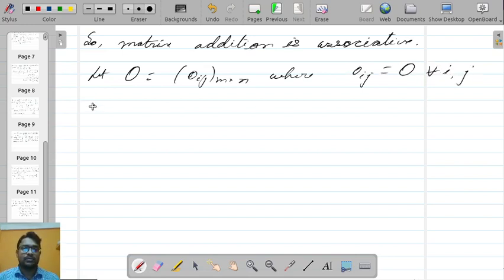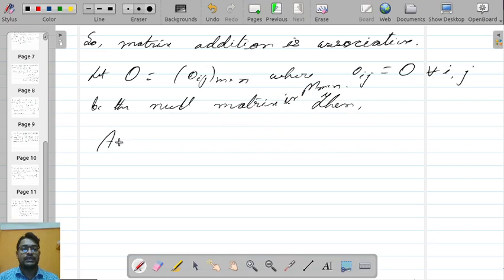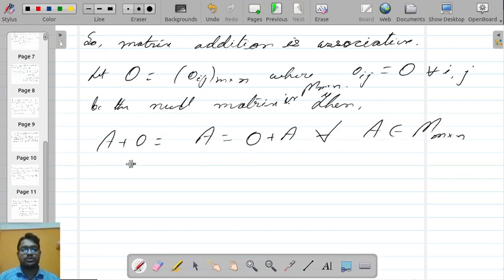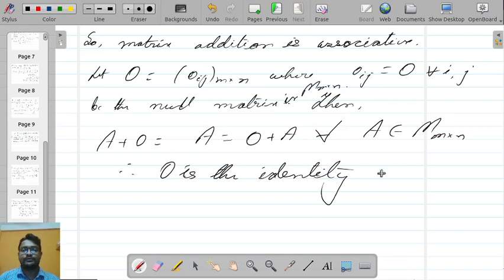That is the null matrix, a null matrix of order m by n. Then A plus 0 will always be equal to A, equal to 0 plus A, for all A inside M_{m×n}. Therefore 0 is the identity.